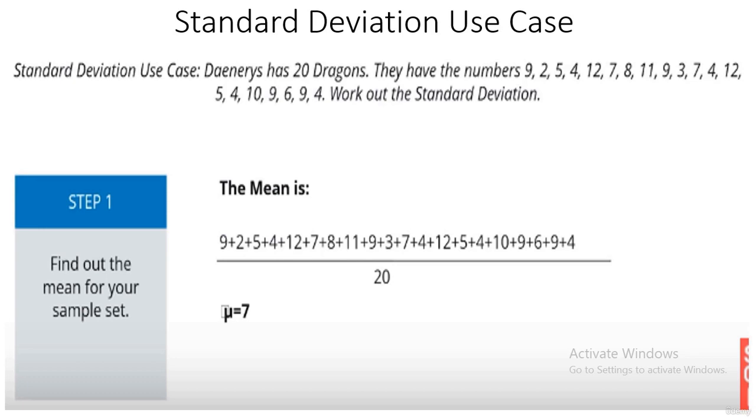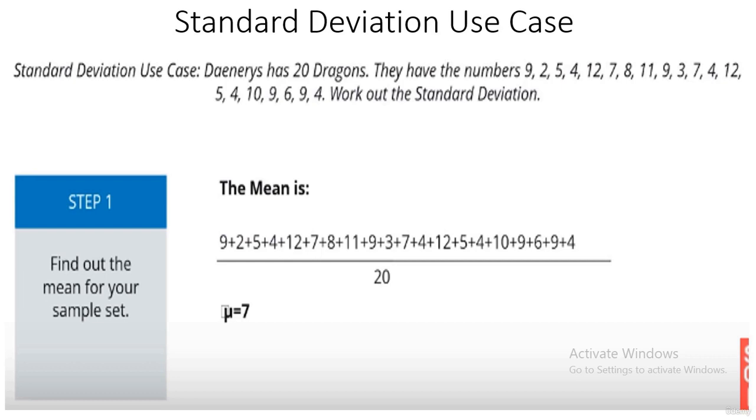Here we have a sample set of 20. The first one is 9. We'll add all the figures, 9 plus 2 plus 5 and so on, divided by 20, and if we calculate this, the mean mu is equal to 7.